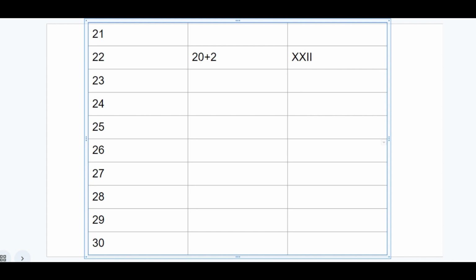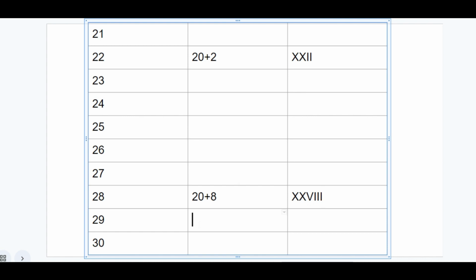For example, okay, so let's do 28. Okay, so 28 again equals to 20 plus 8. Okay, so 20 will be XX and 8 will be 5 plus 3, that will be V and 3 times I. So this is your 28.